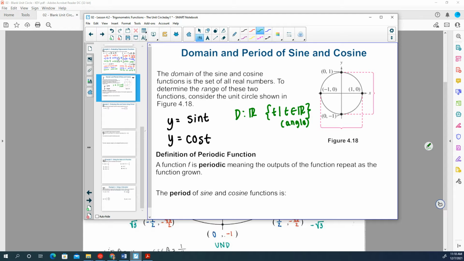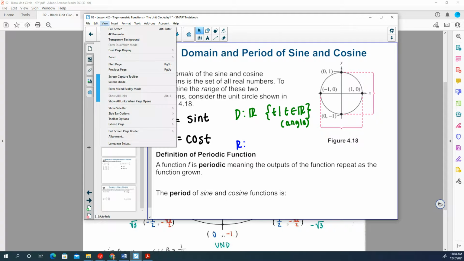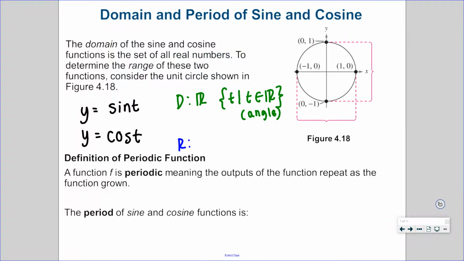So the outputs we get, the range, this is where the visual of the unit circle comes in. I could just use this little circle here. Think of all the possible values I can get out, let's start with my sine. So my y values, or my y coordinates on the unit circle.